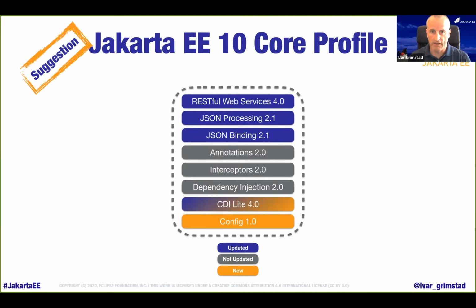And you can see here, it's very microservice focused. You have the RESTful Web Services, the JSON specifications, and then the foundation things with the interceptor annotations and dependency injection. And a new specification there, CDI Lite.